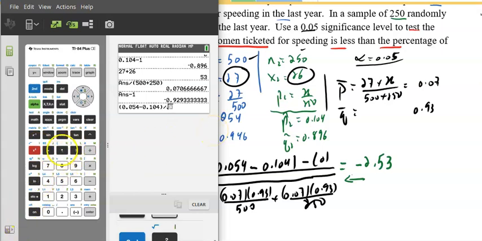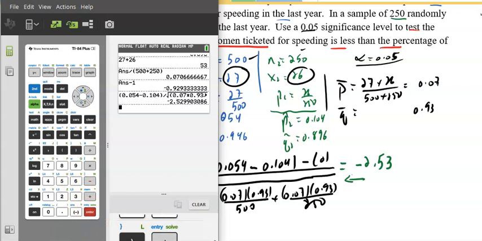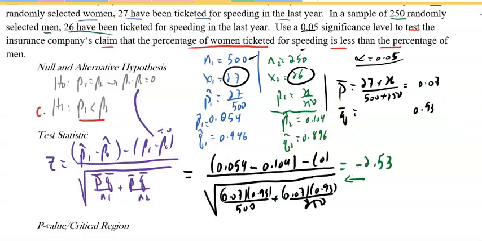I see parentheses 0.07 times 0.93 divided by 500 plus 0.07 times 0.93 divided by 250, close parentheses, equals negative 2.5299, negative 2.53. I just want to make sure that you see how we get all of that. I'm going to put that in the notes for you.